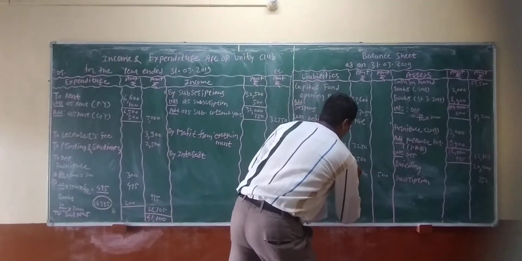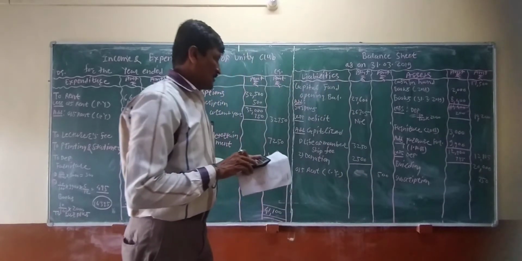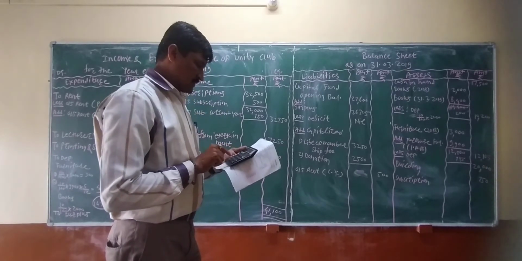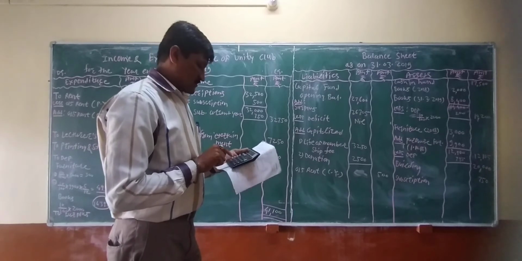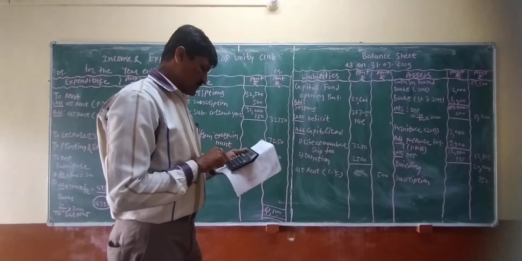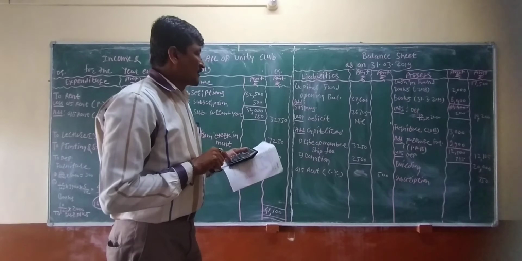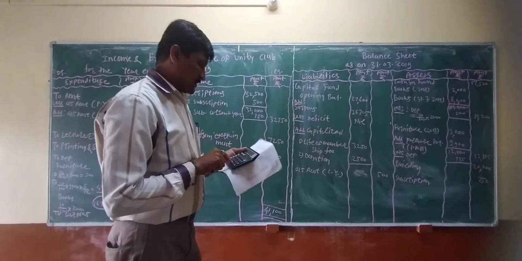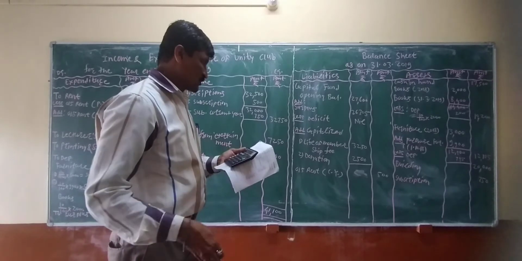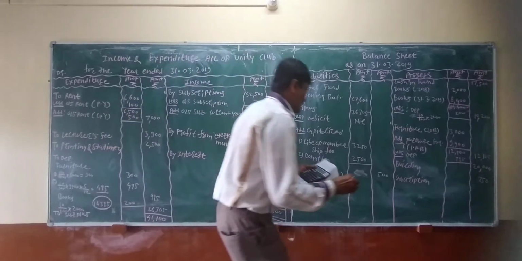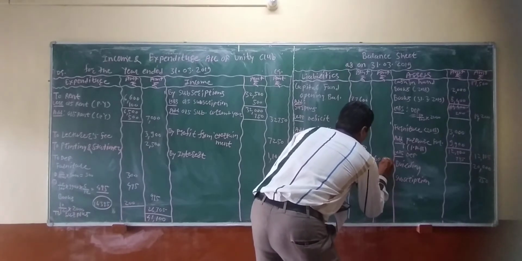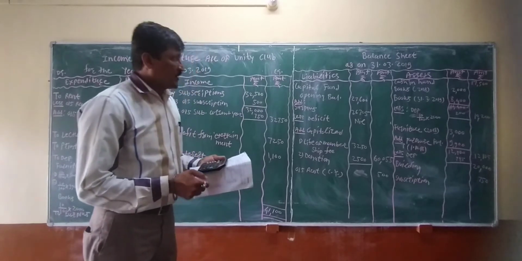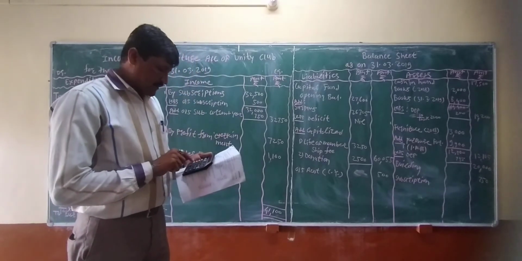So total: 27,600 plus 26,705 plus 3,250 plus 2,500, totaling 60,055.